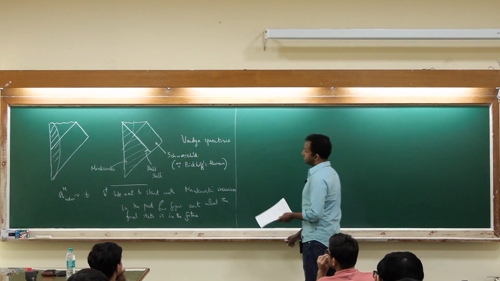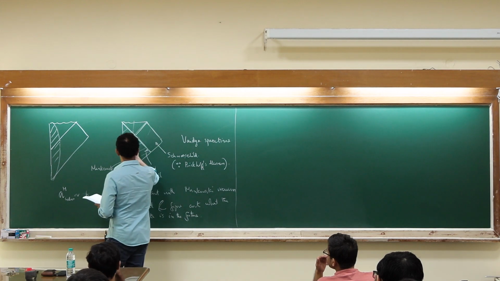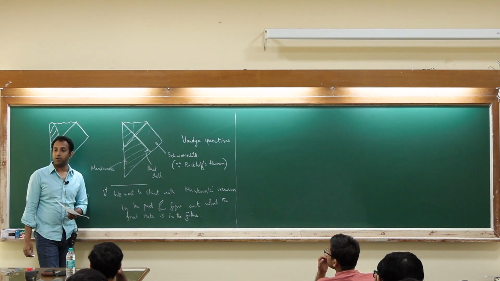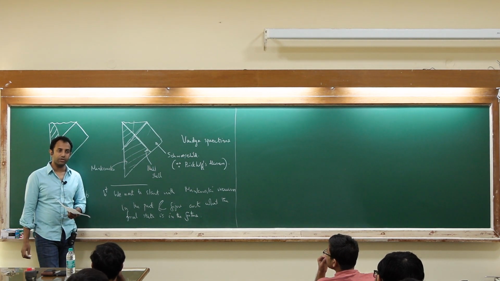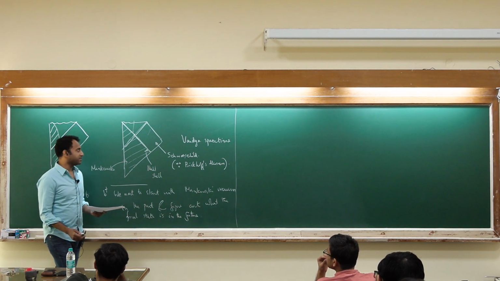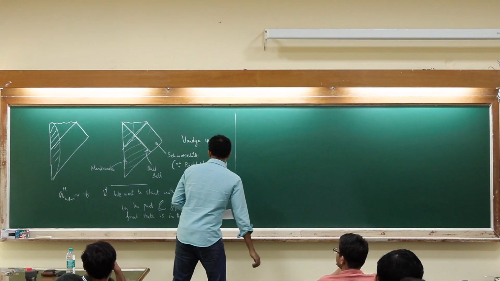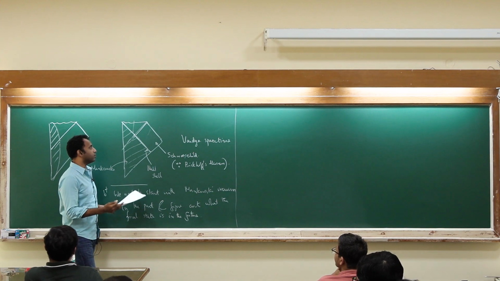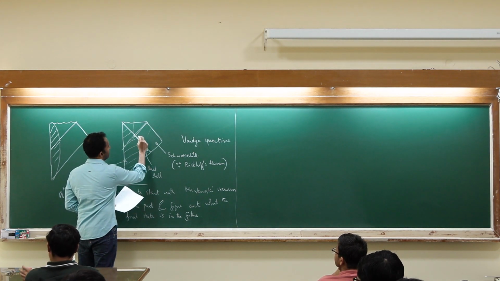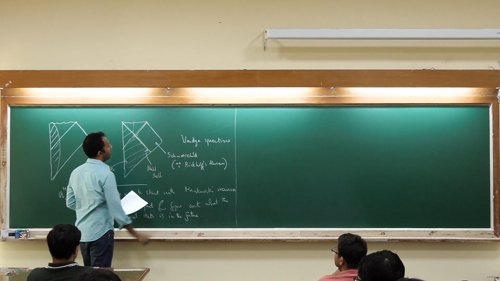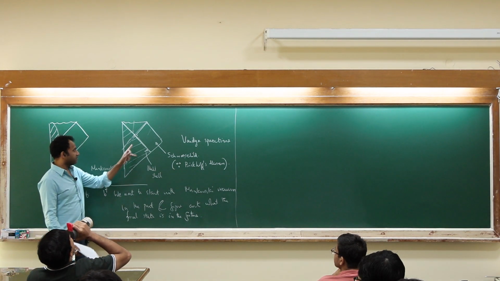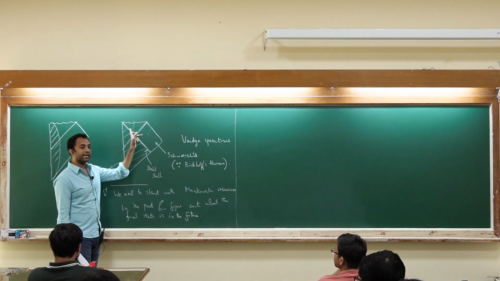In essence, we are not going to actually solve this problem in any real sense. Let me say it another way. The way we are going to solve this problem is that we are going to guess the state of the scalar field right after the shell has passed through.